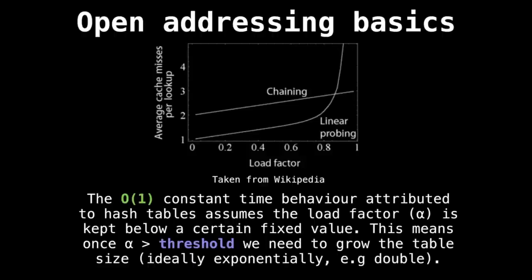So you don't want it to go anywhere near that, say, 0.8 mark. In fact, we're going to be keeping it a lot lower than that usually. And what this says is we always need to keep the load factor, which we denote by the Greek letter alpha, below a certain threshold. And we need to grow the size of our table once that threshold is met.